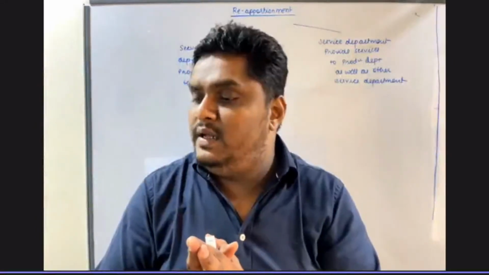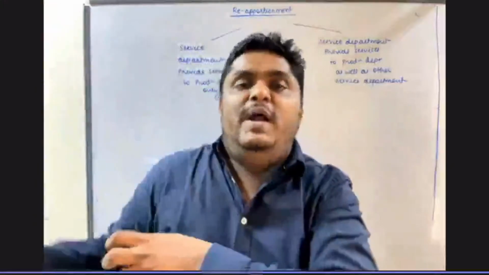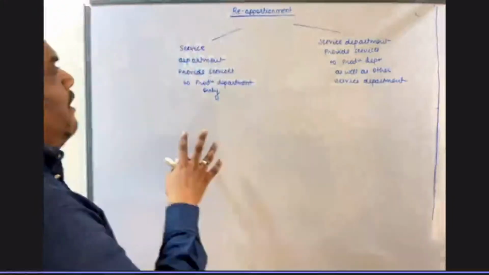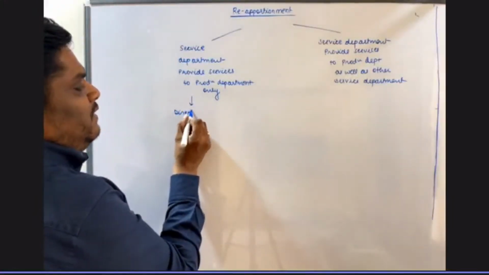And the second situation that is possible is when the service department provides services to the production department as well as other service departments also. Now in the first case we will use the direct redistribution method.